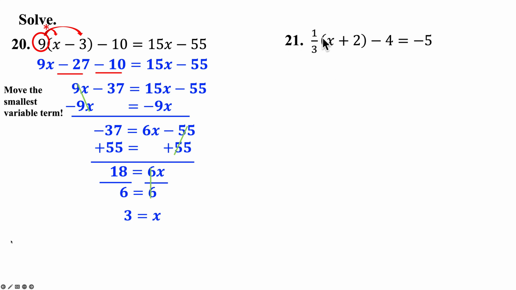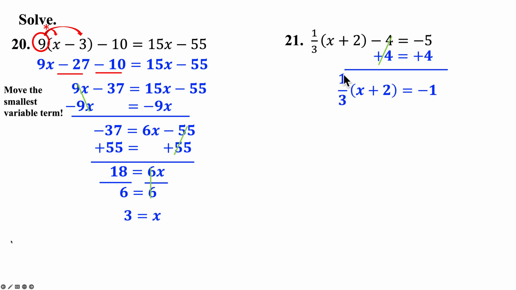21. 1/3 times x plus 2 minus 4. So here, okay, there's a minus 4. We should probably distribute, wait a minute, I don't want to distribute fractions. So let's think a little bit outside the box. Let's add the 4 over to the other side. Now, the reason I did that is now there's no adding or subtracting to this.